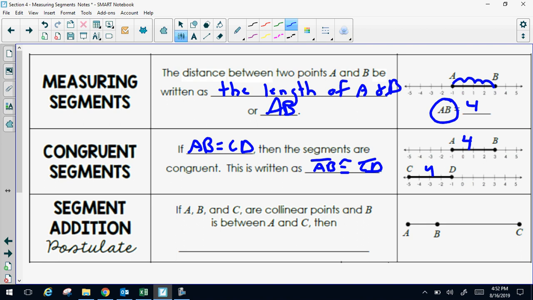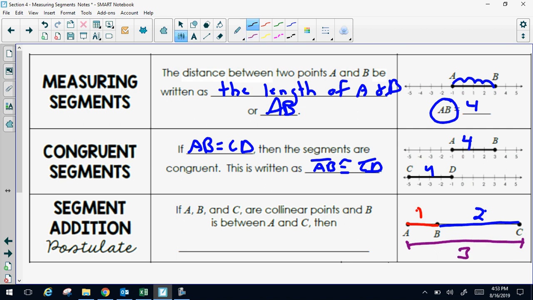The segment addition postulate is if I have 3 collinear points and then 1 point falls in between. What happens is it breaks it up into sections. I have this section here, which I'm going to label as section 1, this section here, section 2, and together they form section 3.